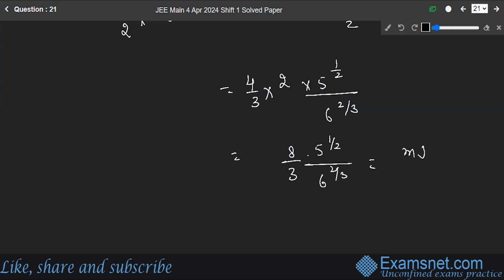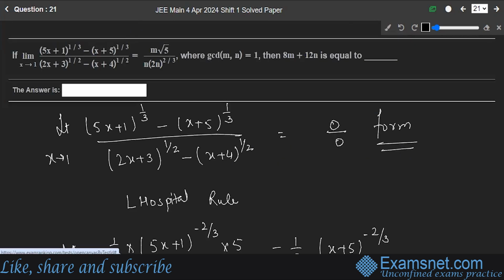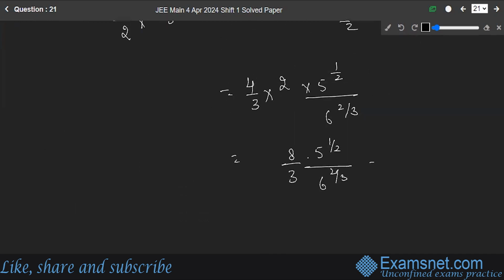This is equivalent, according to the question, to m upon n, root 5, that is 5 power 1 by 2, 6 power minus 2 by 3. From here, you clearly see that m is equal to 8 and n is equal to 3.